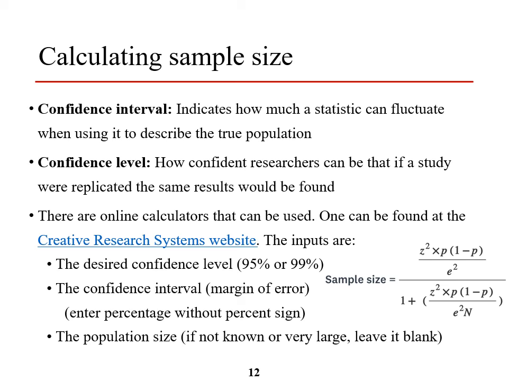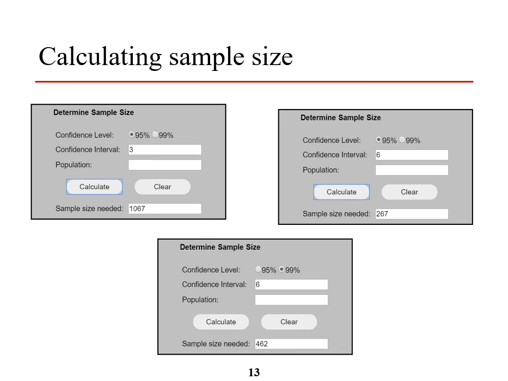So we would leave that blank, and it would allow us to calculate the different samples based off of our different inputs. Here are some examples from that online calculator, and you can play around with it. I encourage you to go on to the website. It is provided in the description of this video, so you can go on there and actually play with this yourself.